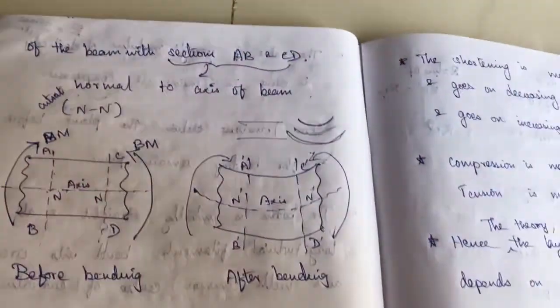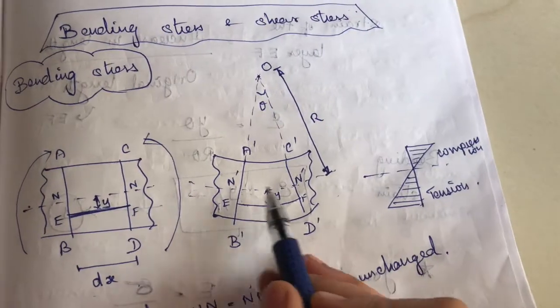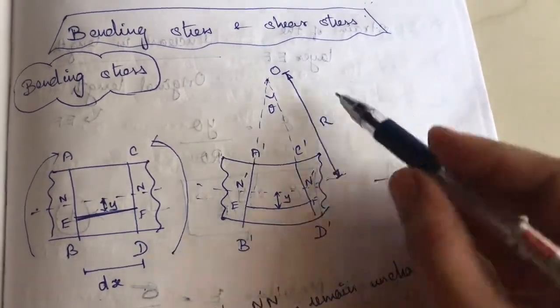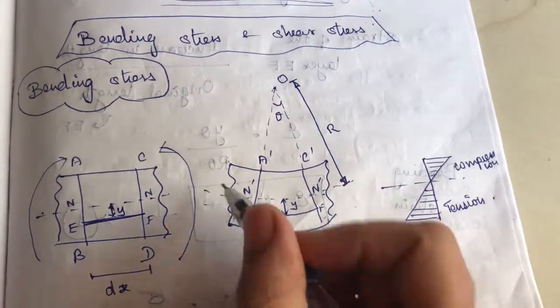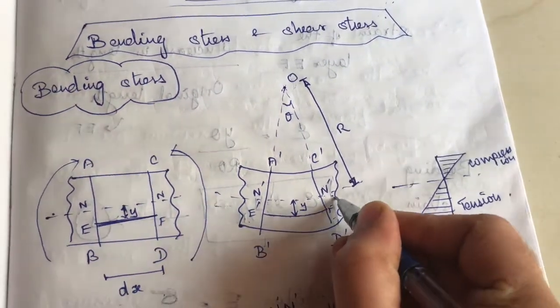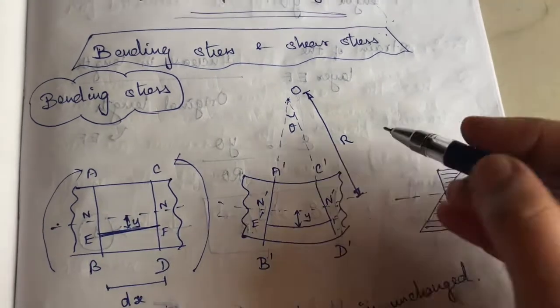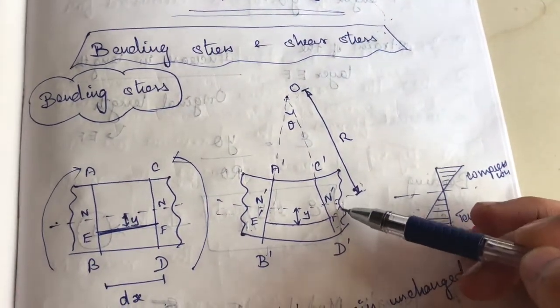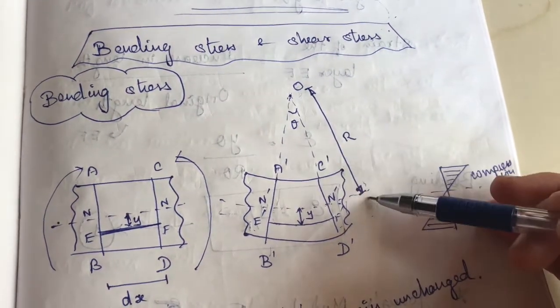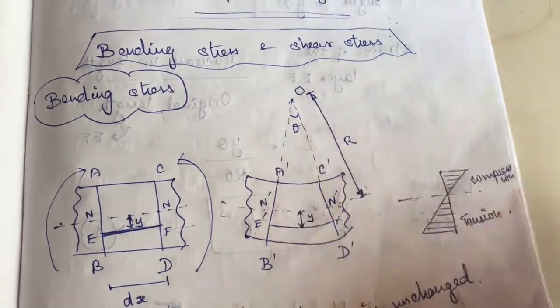So N dash will be equal to R into theta. For E dash F dash, it will be R plus y, because we need to add this distance. So R plus y into theta.